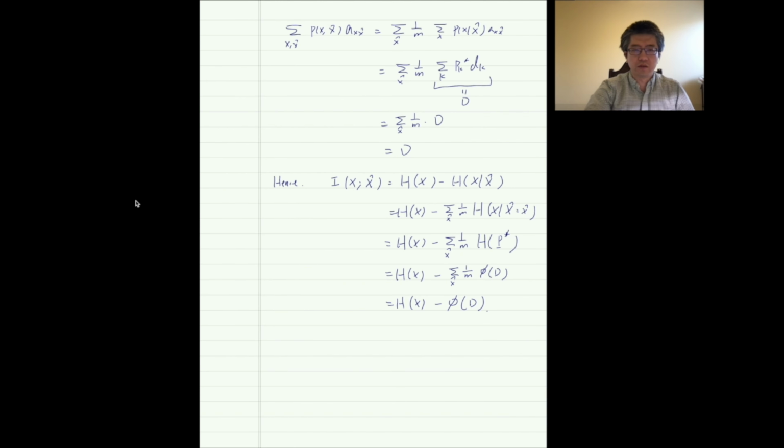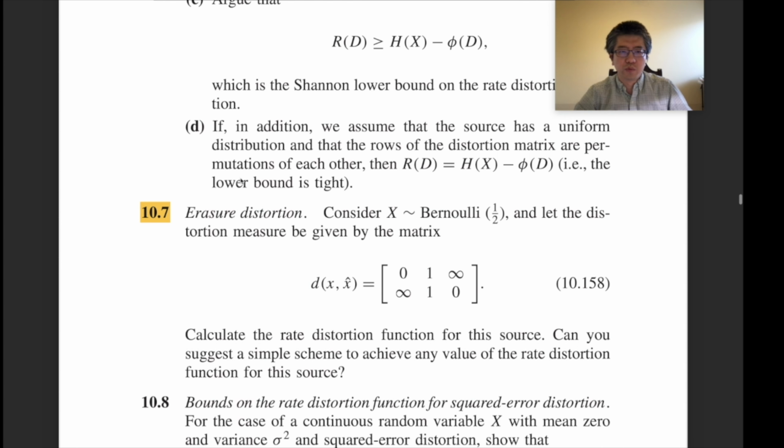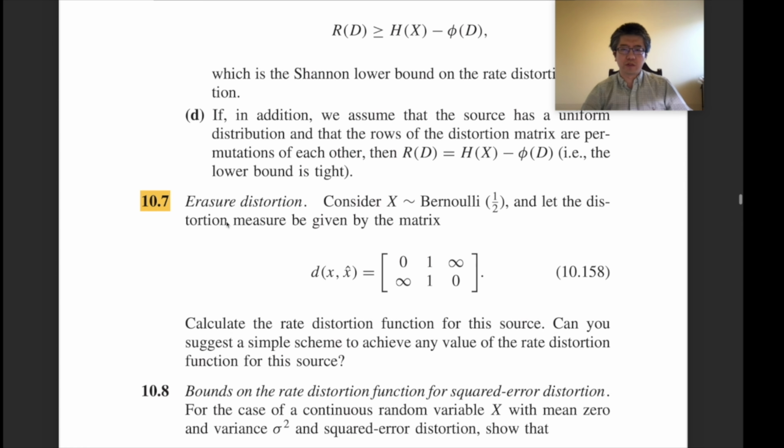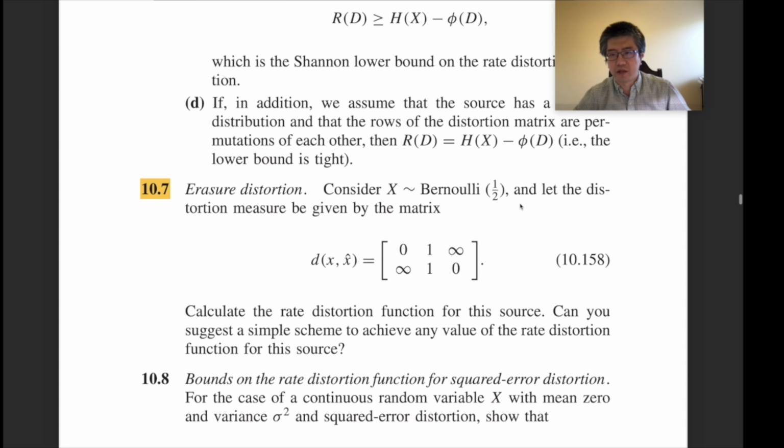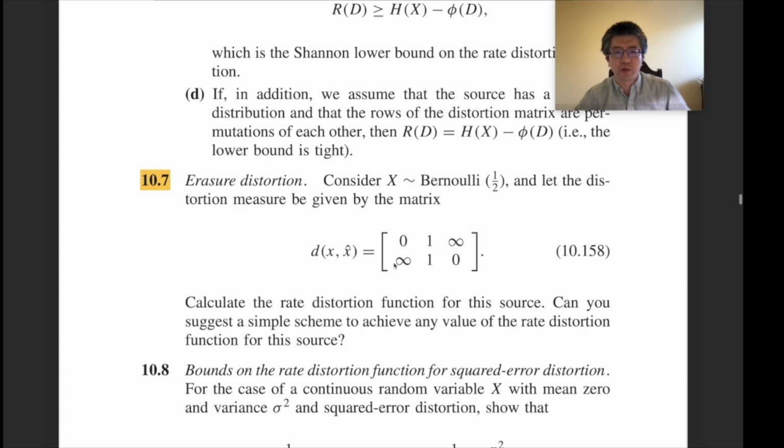Next, let's take a look at the next problem, which is 10.7. So this is called erasure distortion. We consider a source with a Bernoulli distribution with parameter half, and let the distortion measure be given in the form of a matrix, right? So we can understand that the input has the alphabet 0 and 1, and then the output has 0, E and 1, something like that, right?